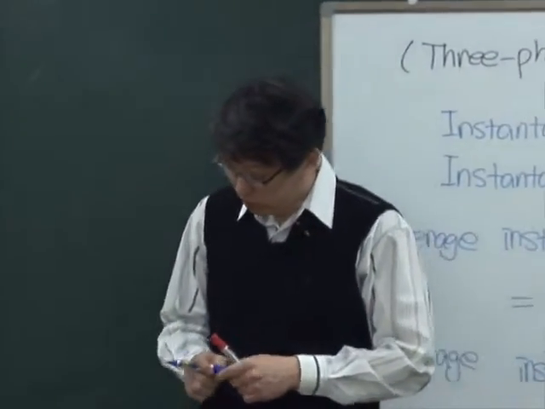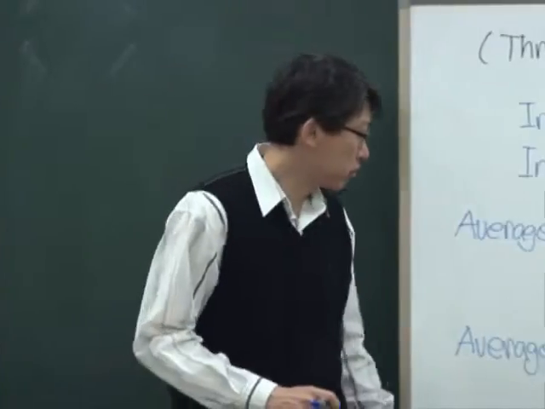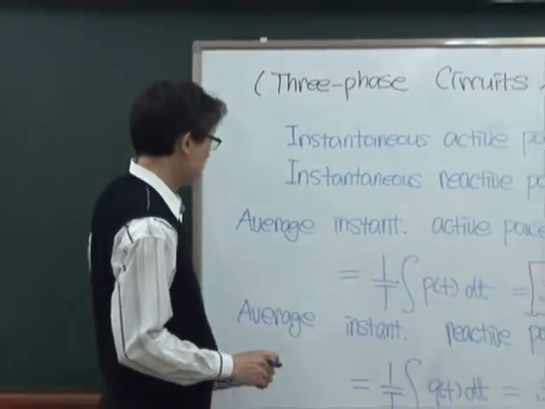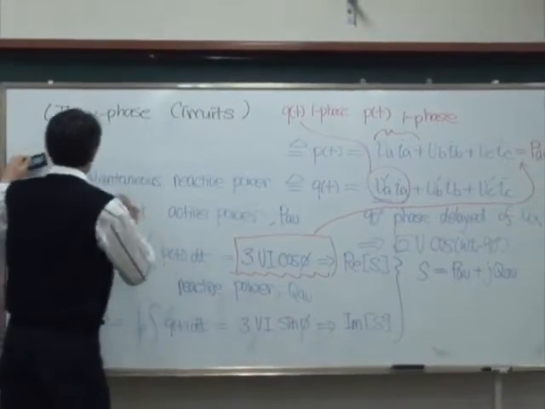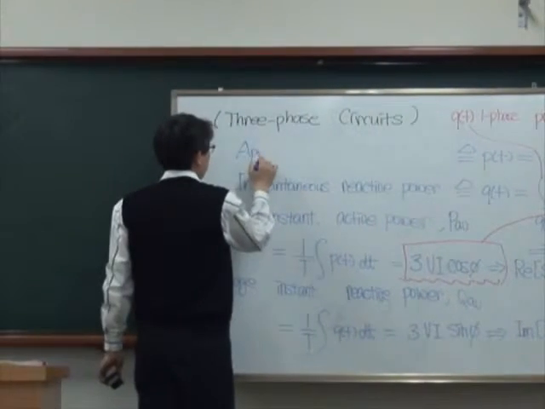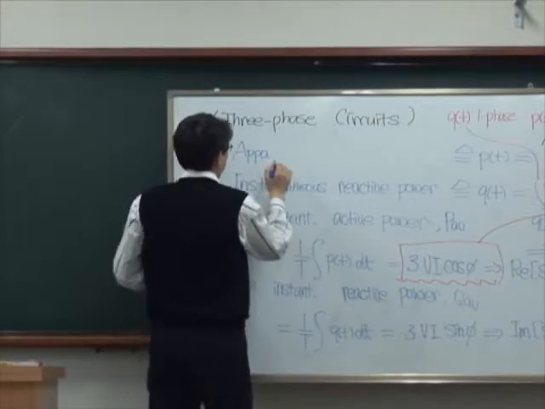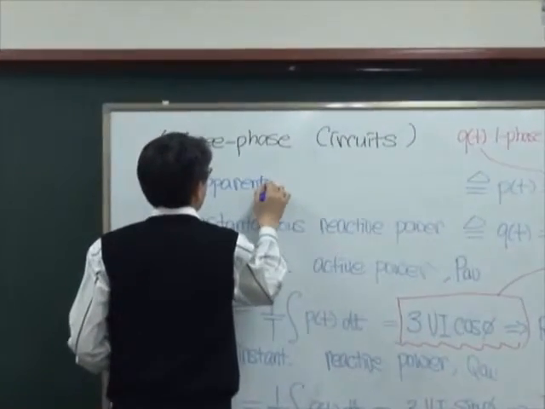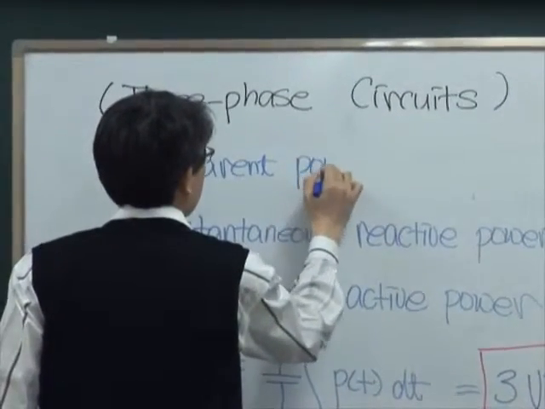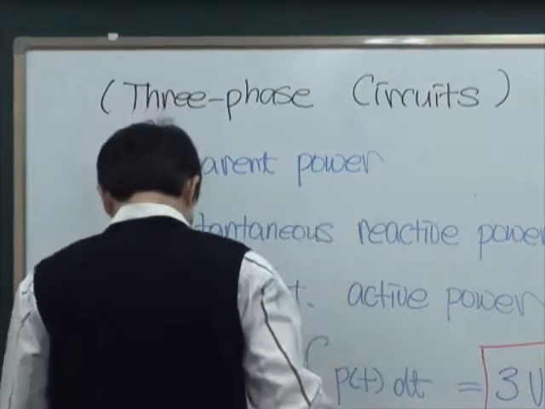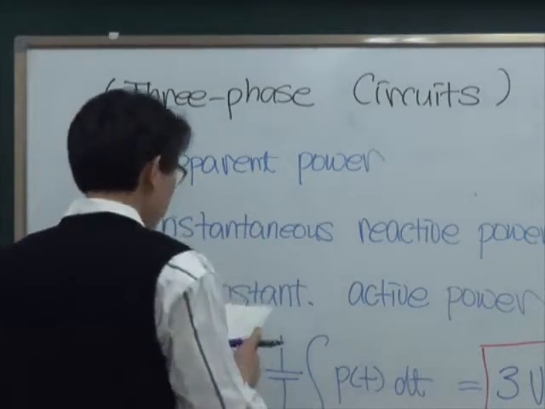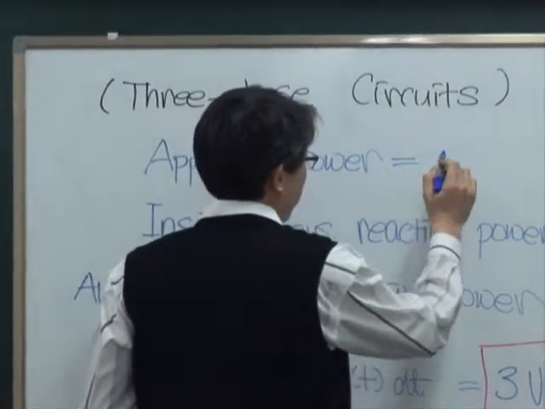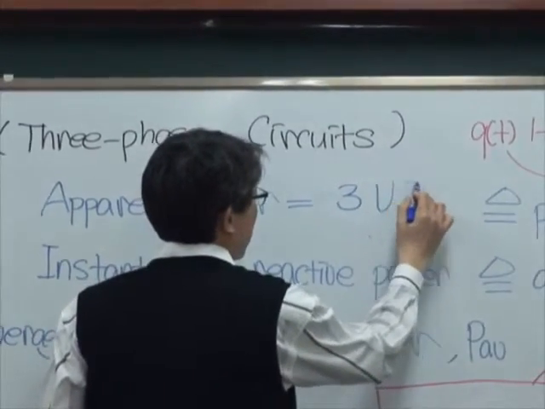Now we have one more power to define, which is apparent power. I'm now running out of space. Here, let me see, apparent power. 피상전력, apparent power. And this was defined to be 3VI.